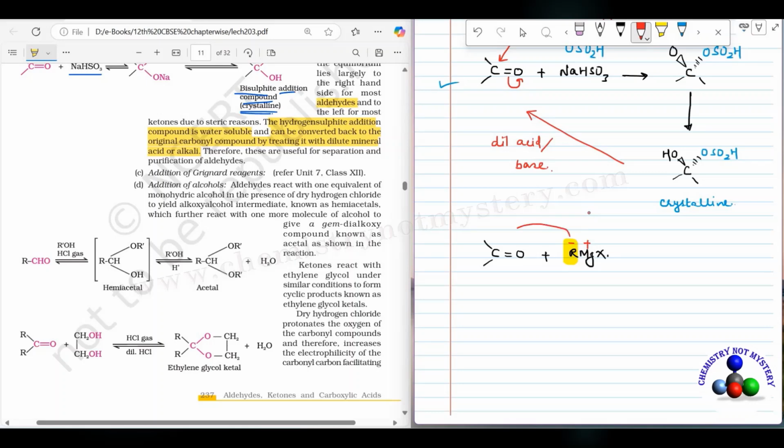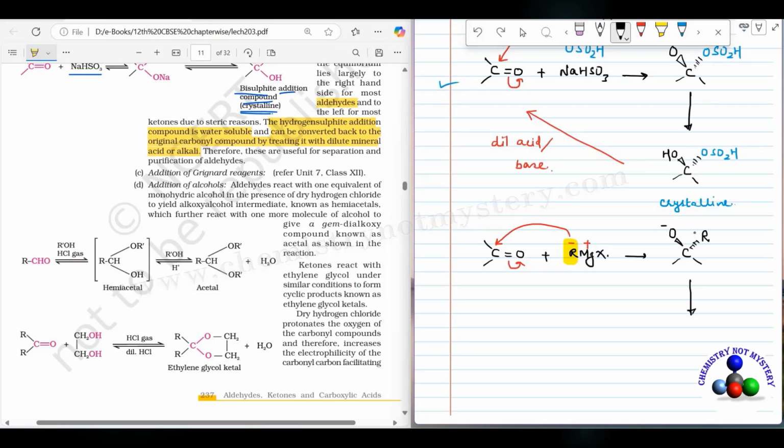And when it attacks the carbonyl carbon, the pi bond moves to oxygen and here you will get C single bond oxygen. It has developed negative charge and on the other side R, and these are the two valencies of the carbonyl group.